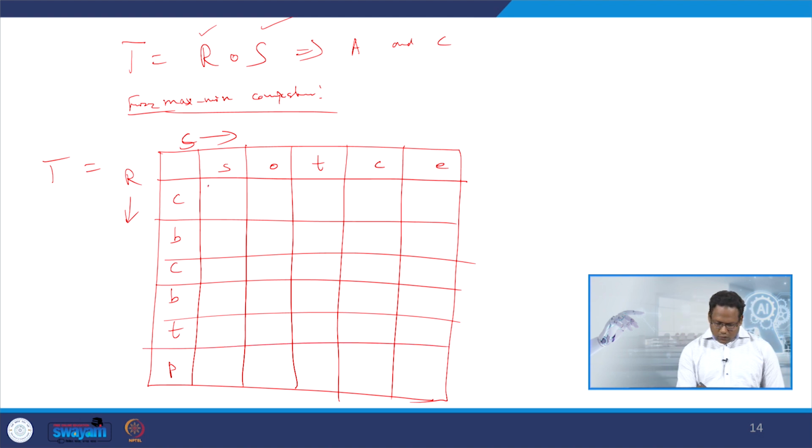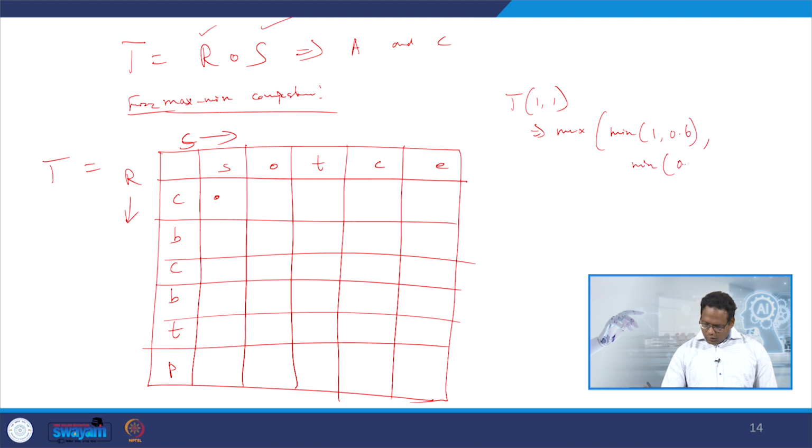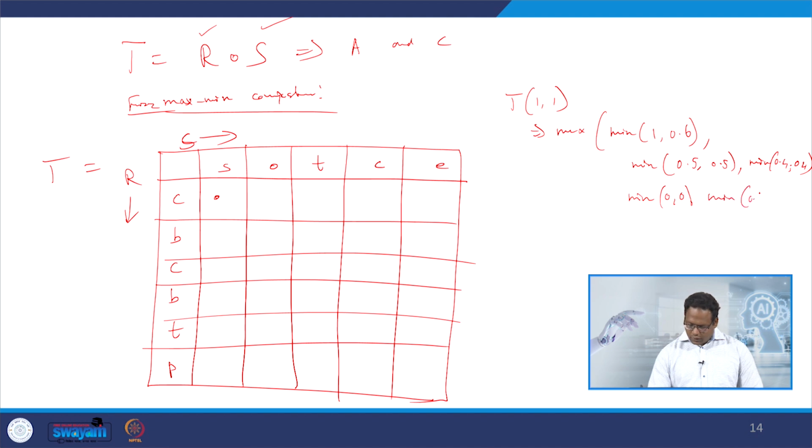Now let us find T11. T of 1 comma 1 is obtained by taking the first row of R and comparing it with the first column of the S matrix: the maximum of minimum of 1 and 0.6, minimum of 0.5 and 0.5, minimum of 0.4 and 0.4, minimum of 0 and 0, and minimum of 0.1 and 0.1.